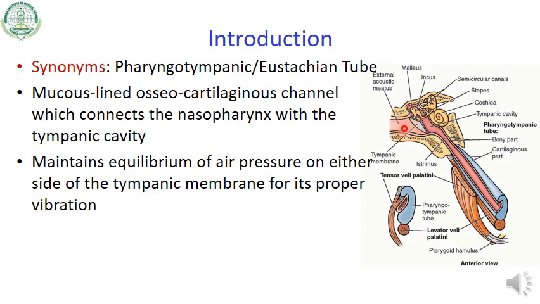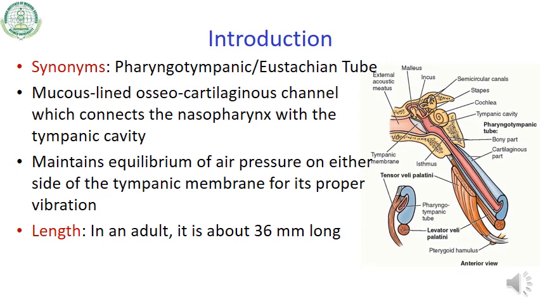This is external acoustic meatus. The pressure here is the pressure which is present outside, and pressure here is also maintained, whatever pressure outside, through this pharyngotympanic tube to the exterior pressure.